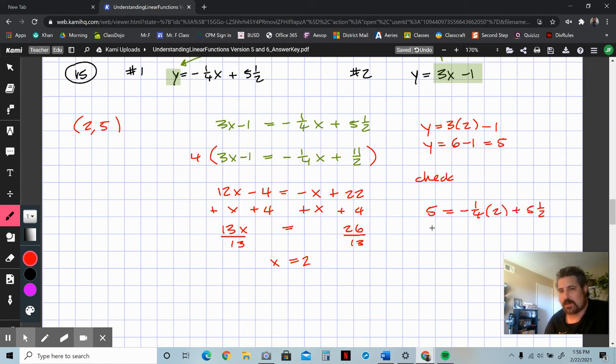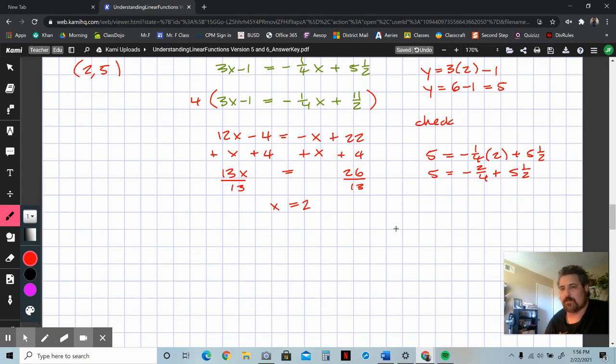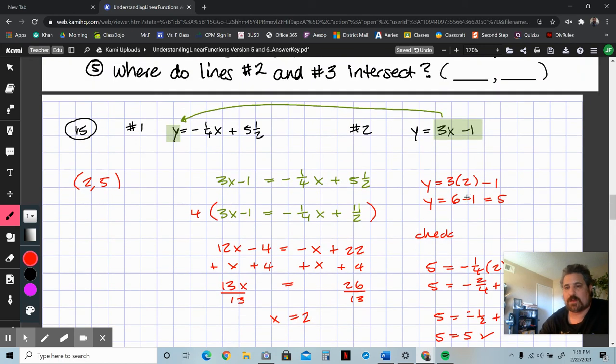That means 5 is equal to negative 2/4 plus 5.5, which is negative 1/2 plus 5.5, which is obviously 5. So 5 does in fact equal 5, and that's true as well. Ultimately, the intersection point we came up with, 2 comma 5, exists on both lines, and it is the solution to the system.